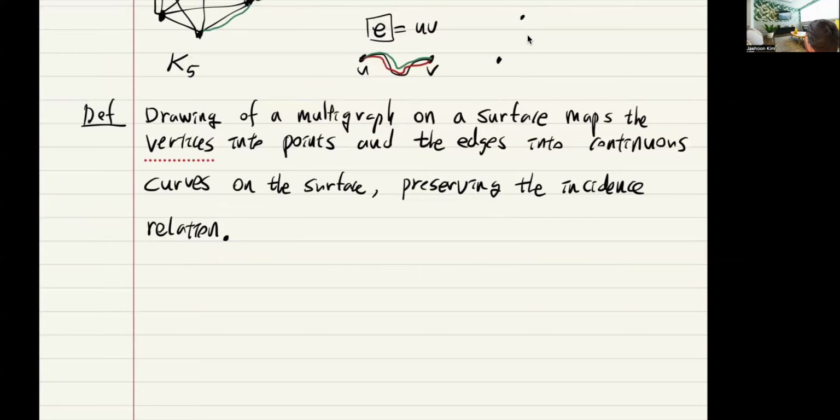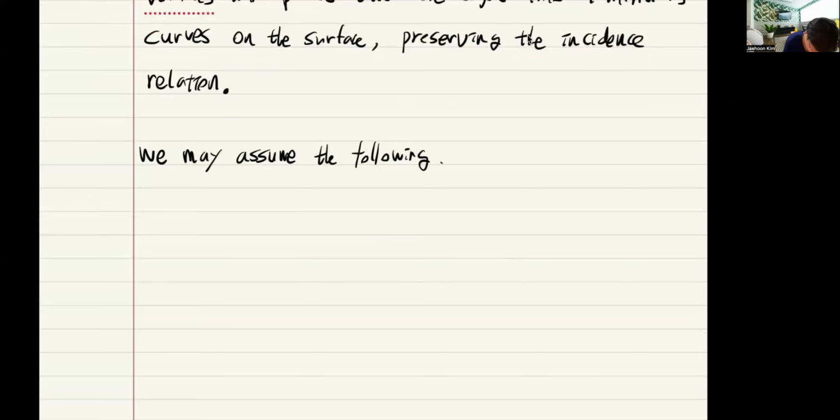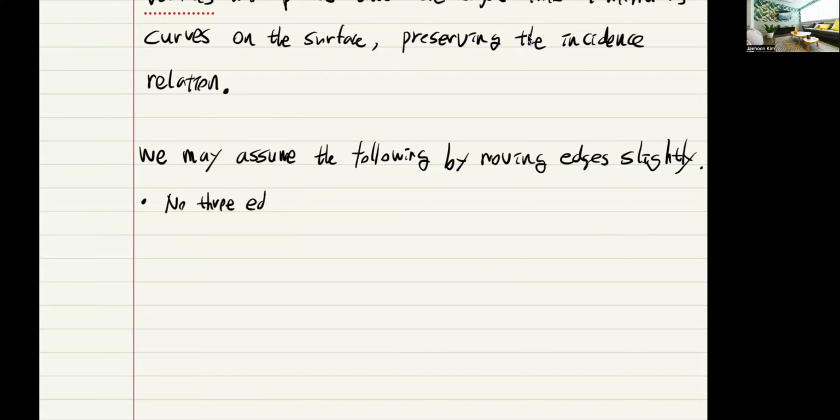We can assume some good properties by moving edges slightly. So one of them is that we may assume that no three edges share an internal point.